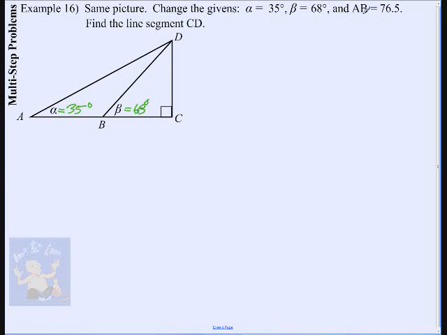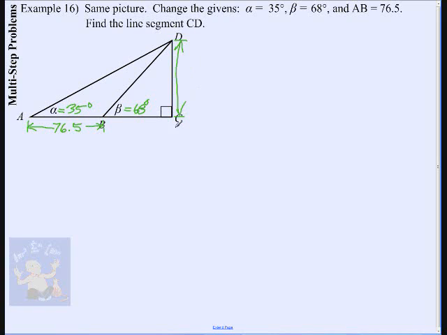And what else do we know? AB, this distance here, A to B, is 76.5. Those are our givens, and we want to know what the length of this is.